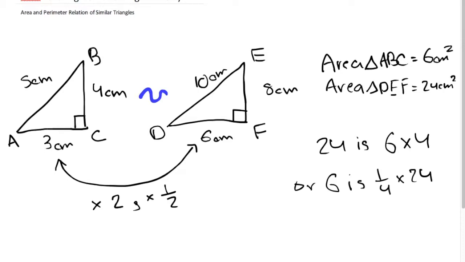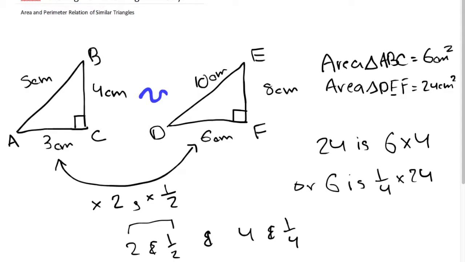So the scale factor in this case is either 2 or 1/2. Now, what's the relationship between 2 and 1/2 and the areas? In this case, it's 4 and 1/4.